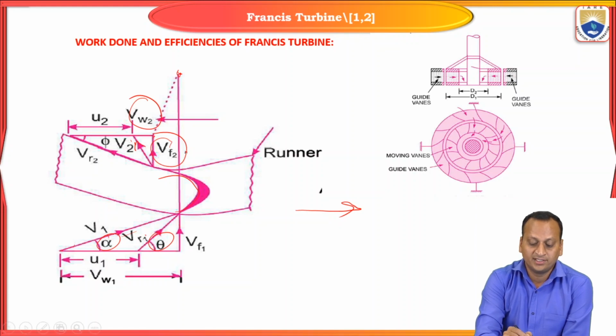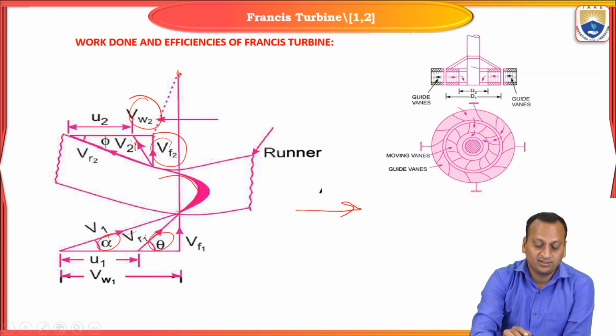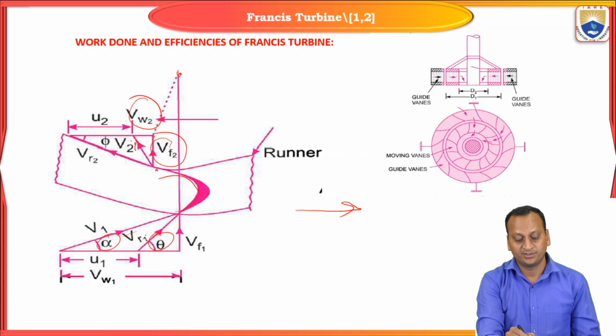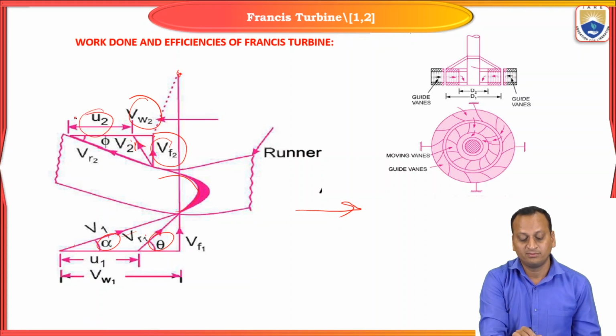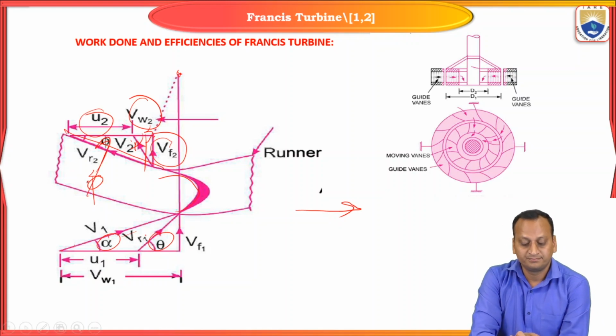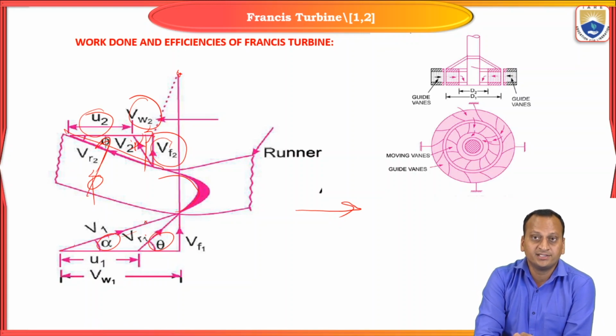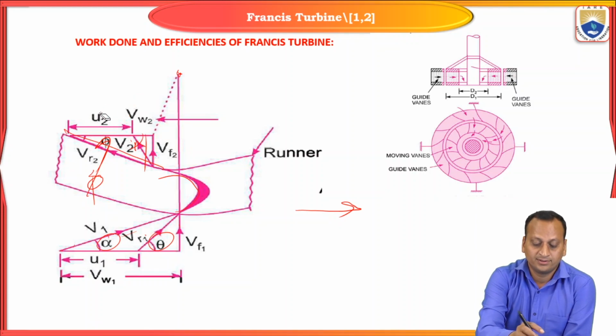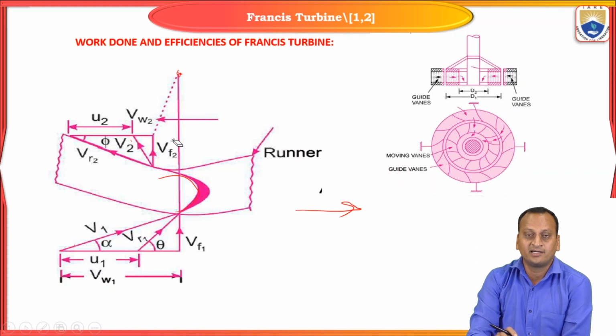As there is movement of the blade, there will be U2. Between these two there is a relative velocity Vr2. Phi is the outlet blade angle, and beta is the outlet jet angle. So these are the various velocity components on the inlet and outlet velocity triangles of a Francis turbine.